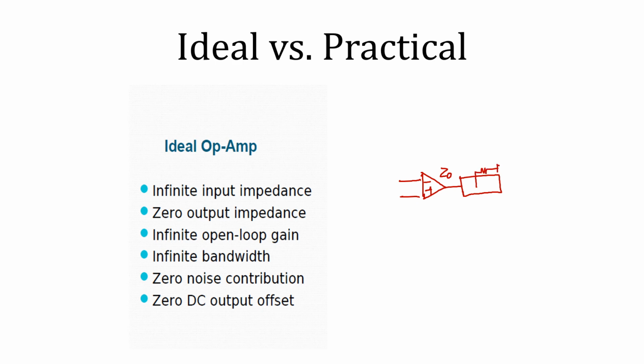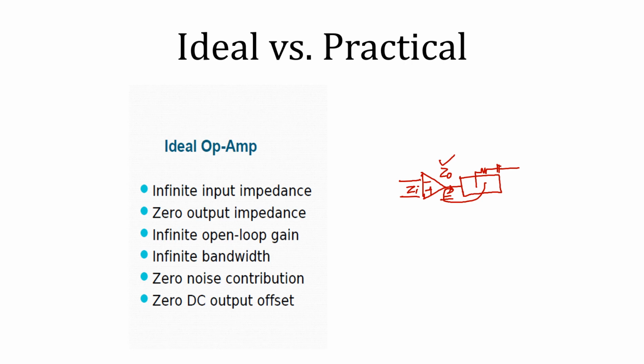As we expect that the previous circuit should not be loaded, we keep its input impedance very high. But when we are connecting with the next one, we don't want this operational amplifier to withdraw much current in this loop, so we make Z0, the output impedance, very low.